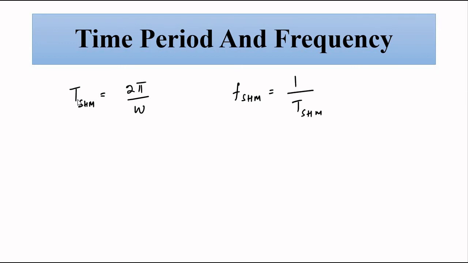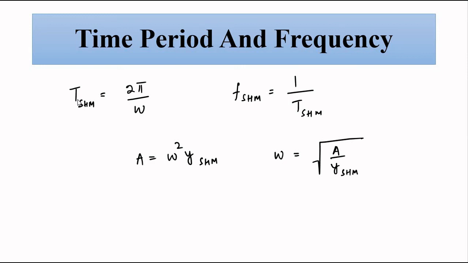Now we know that acceleration is omega square y SHM, as we just derived, or we can say that omega is equal to root over acceleration by y SHM.